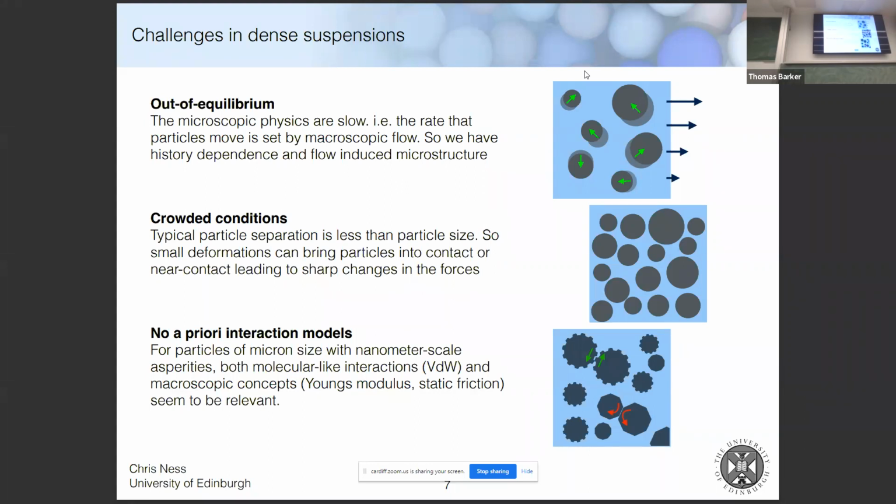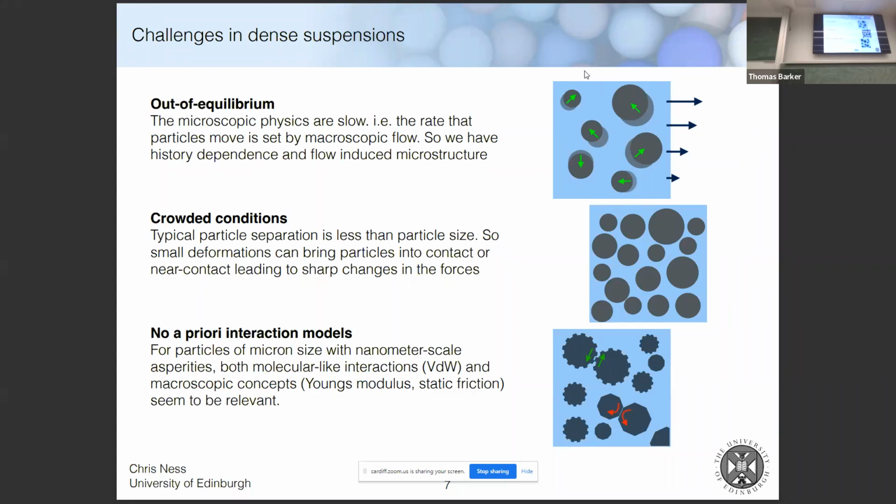So if you have water in a cup, the average positions of the molecules doesn't really care if you're shearing them or not, because they're moving around so quickly. Whereas in this case, any diffusive time scale is either similar to the flowing time scale or the shearing time scale, or slower than it.